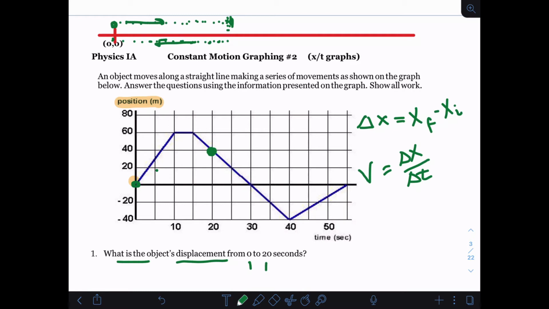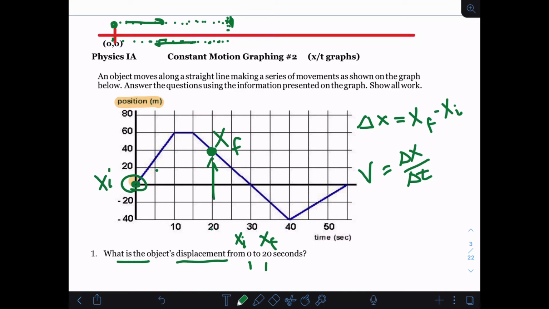So the position this thing has at 0 is your initial position. The position it has at 20 is your final position. Final being the last point in time we're looking at, the initial being the first point in time. I've labeled them up here on the graph, noticing that I just direct read up from 20 to there, and then at 0, I'm at 0.